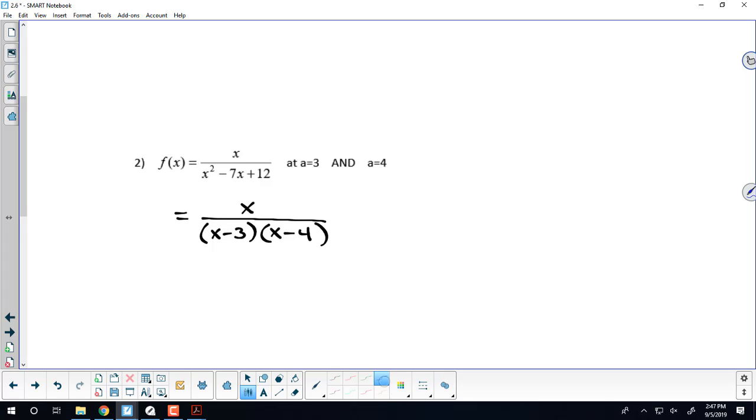Would it be safe to say that if you're going through these rules, rule 2 is entirely dependent on the outcome of rule 1? Essentially, because if it doesn't exist, then there's no limit to evaluate.